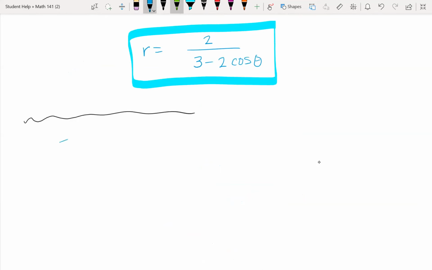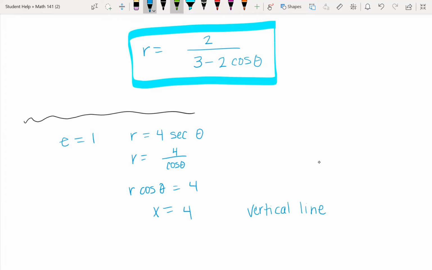Let's suppose that the eccentricity is equal to 1 and the directrix is 4 secant theta, or r equals 4 over cosine theta. So r cosine theta is equal to 4, or x is equal to 4. So this is a vertical line, and it's going to be to the right of the pole.